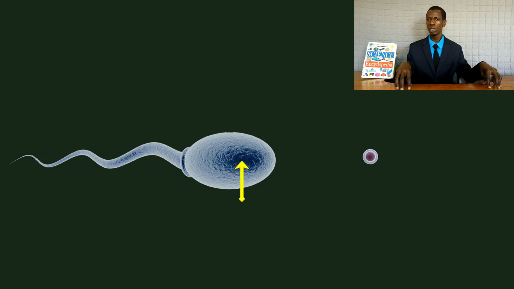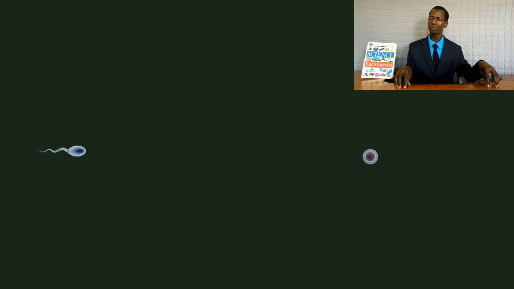Today we're going to talk about how fertilization causes variation. During the process of fertilization, each parent gives out a single gamete. The male produces the gamete called the sperm cell, while the female produces another one called the ovum. The sperm cell contains a nucleus which has chromosomes in it. Chromosomes carry characteristics, and the same applies to the female cell.